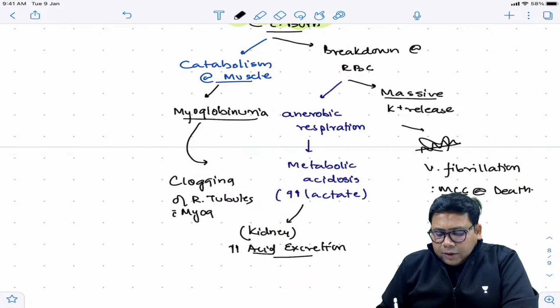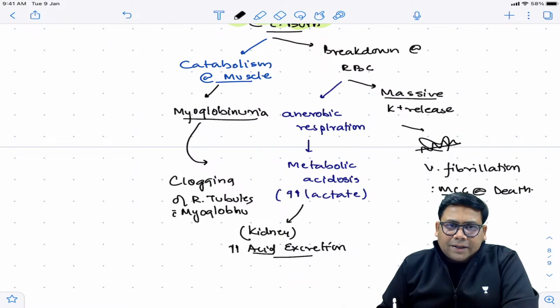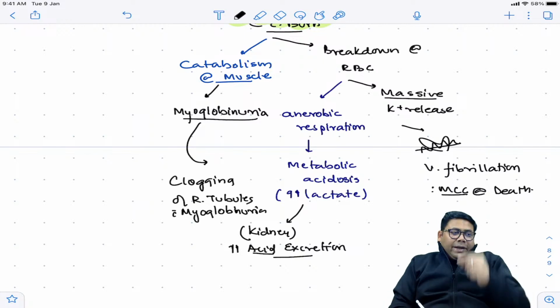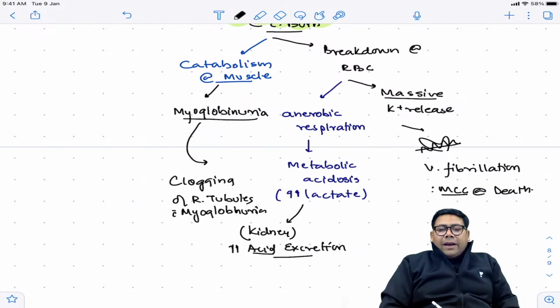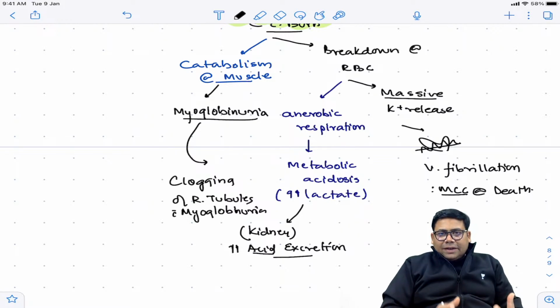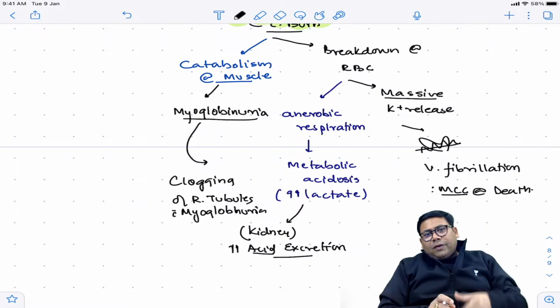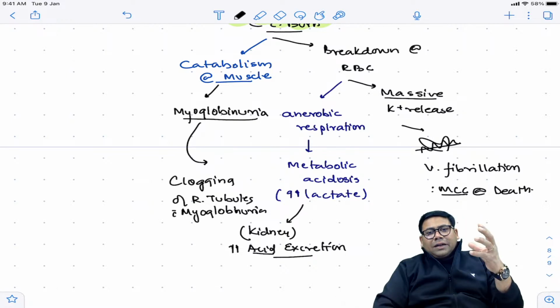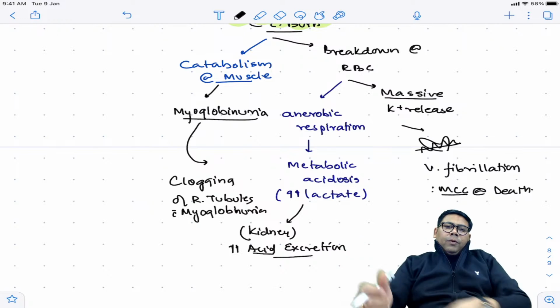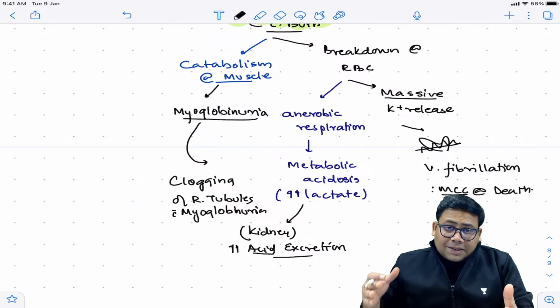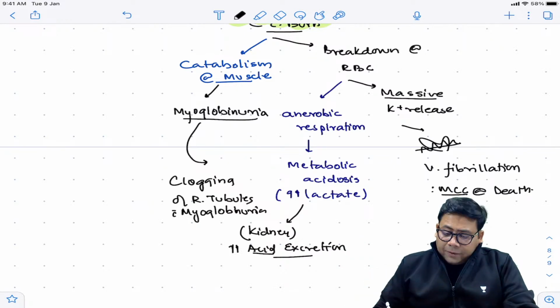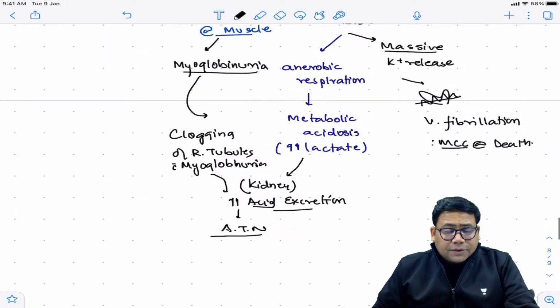And due to this acidic environment inside the kidney, whenever we talk about any damage, nowadays there is a trend of drinking alkaline water. Why? We say that the majority of damage in the body occurs in an acidic environment. So on one hand, you have the renal tubules getting clogged with myoglobin, and on the other hand, acid is being excreted from the kidney, and this is going to precipitate acute tubular necrosis, and this is very dangerous.